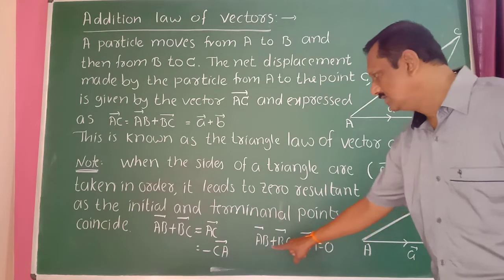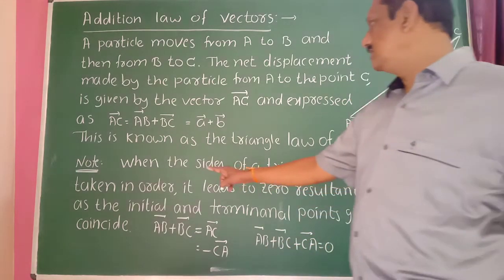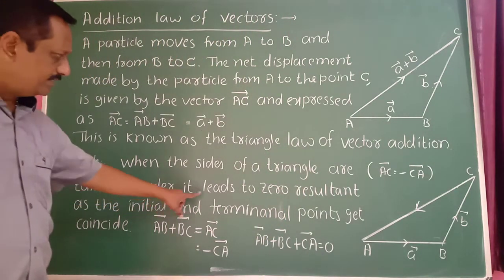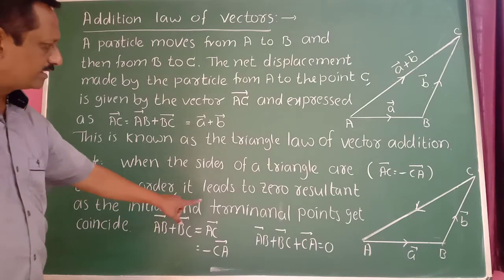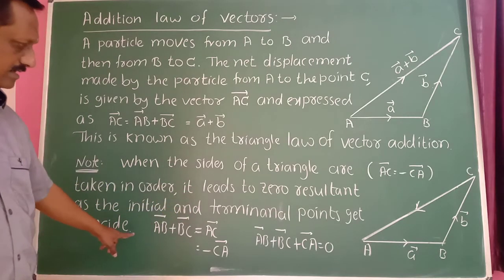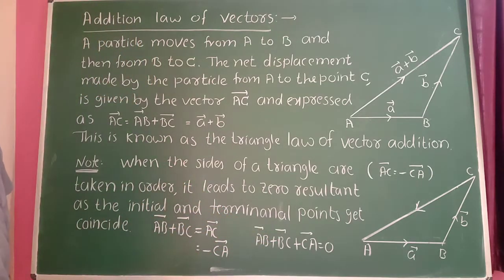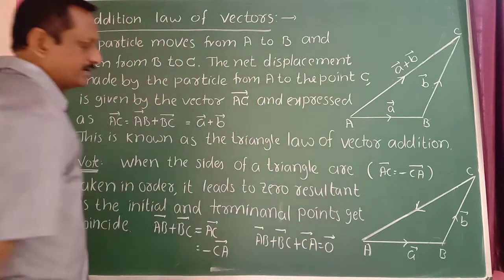In this case, the sum of these vectors is 0. Hence, when the sides of a triangle are taken in order, it leads to 0 resultant as the initial and terminal points coincide here. Therefore, AB plus BC plus CA is equal to the null vector here. This is the null vector.